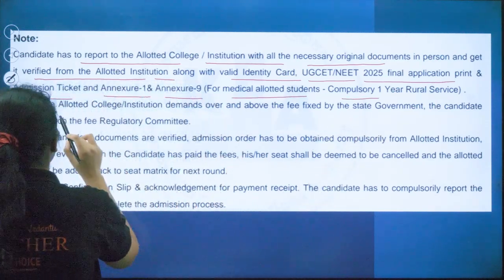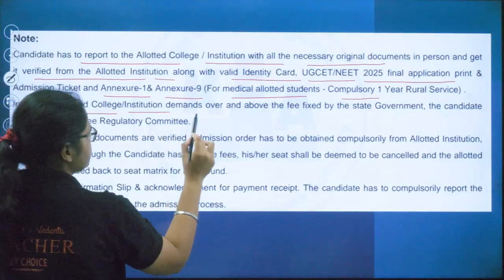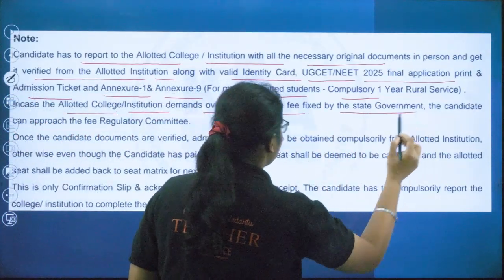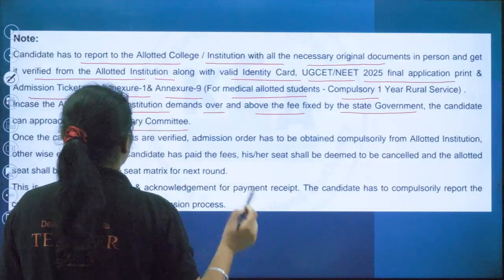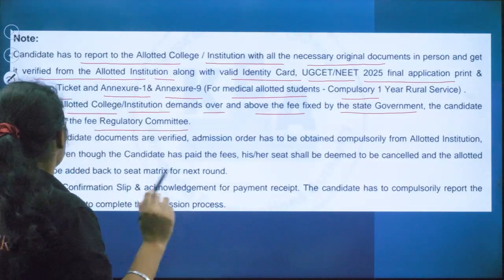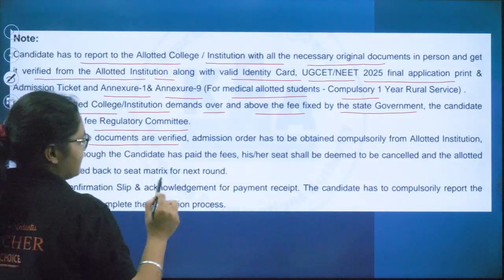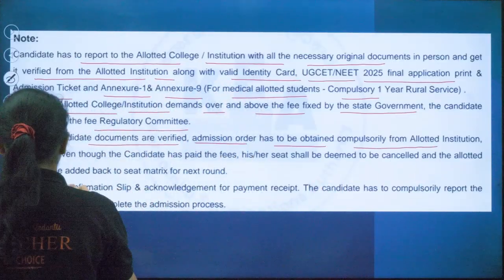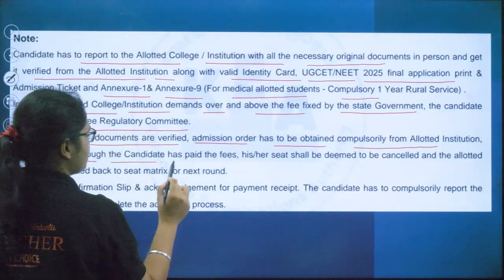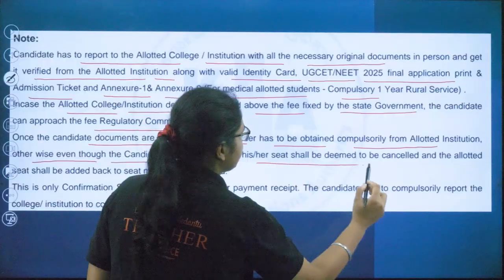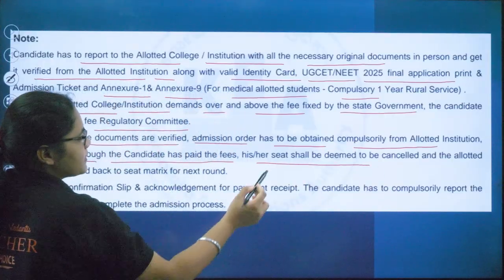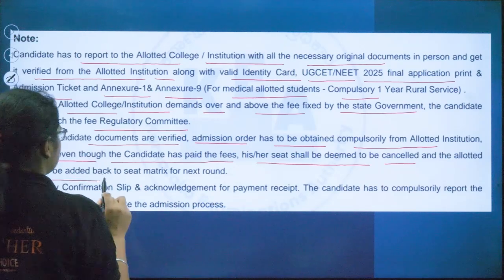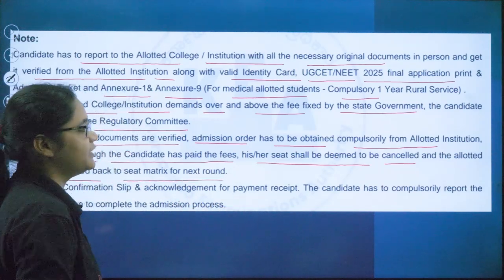In case the allotted college or institution demands over and above the fee fixed by the state government, the candidate can reach out to the regulatory committee. Once the candidate's documents are verified, the admission order has to be obtained compulsorily from the allotted institution. Otherwise, even though the candidate has paid the fees, his or her seat shall be deemed to be cancelled and the allotted seat added back to the seat matrix for the next round.